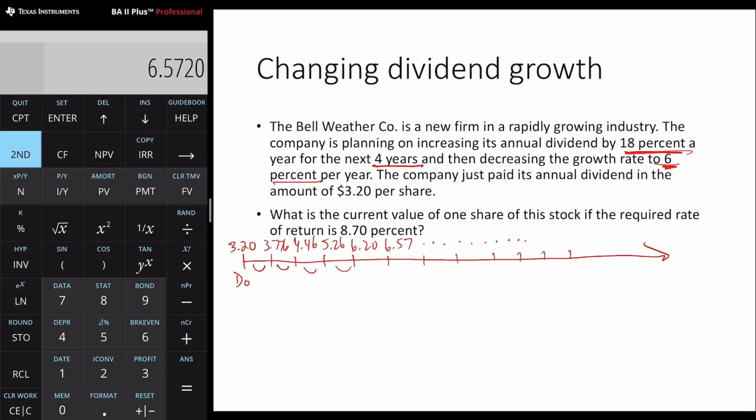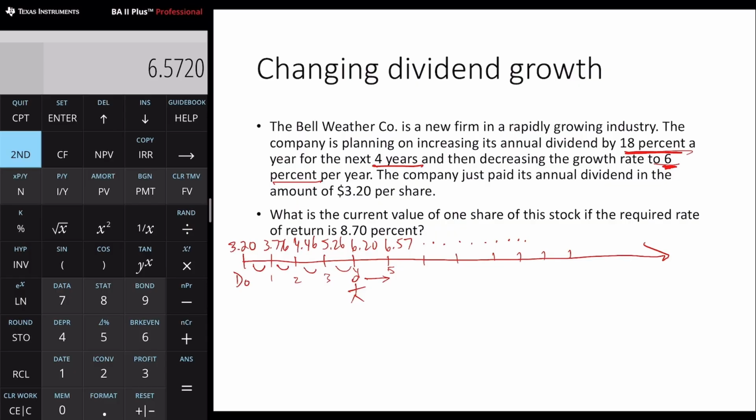Notice that if we're standing at time 4 looking forward, then the dividend growth rate will always be 6%. Now recognize that that is an indicator that we can use the constant dividend growth model at time 4.